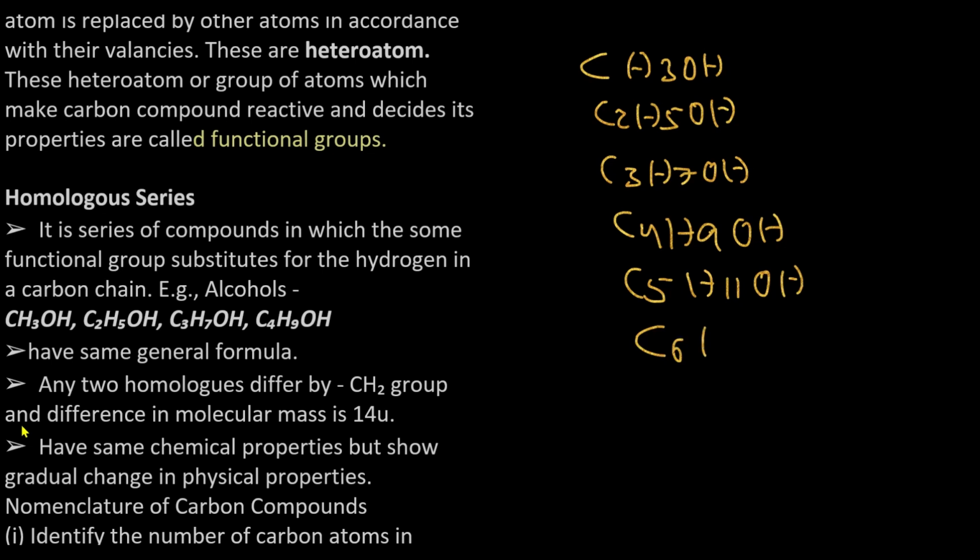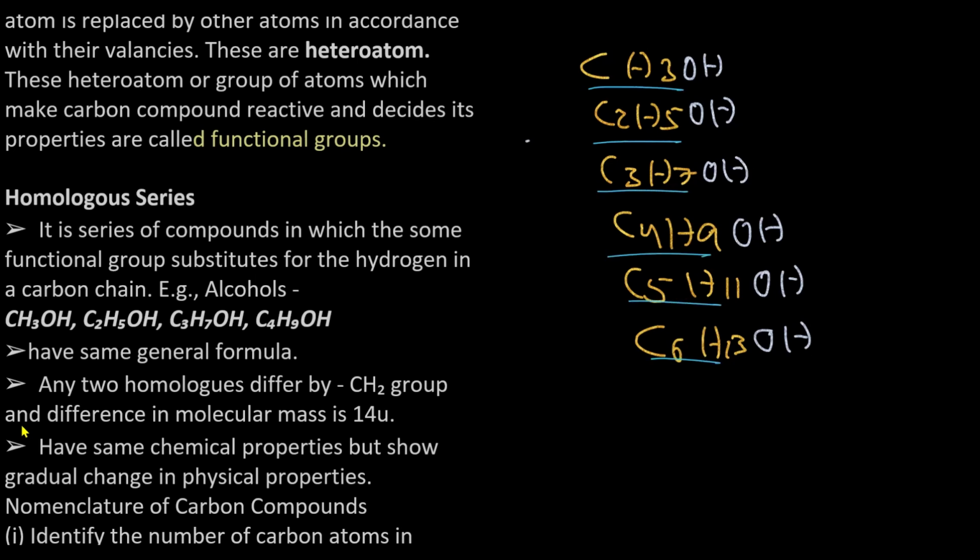And this is C6H13OH, that is hexanol. Now you should know that the chemical properties of these compounds will be decided by the functional group present, which is alcohol here. And the physical properties will be decided by the carbon chain, right? So that is the first thing that you have to remember.